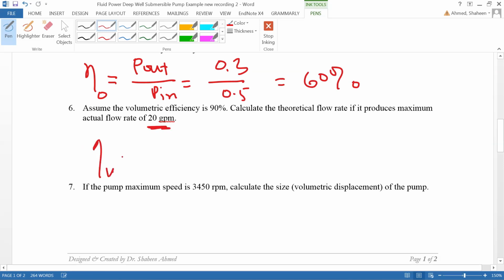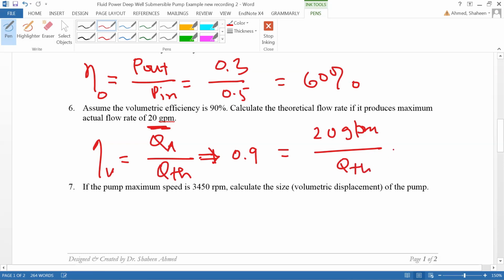So volumetric efficiency for a pump is what it actually develops divided by what it should theoretically develop or produce. So 0.9 is equal to the actual flow, 20 gallons per minute, divided by the theoretical. I calculated the theoretical flow to be 22.2 gallons per minute.